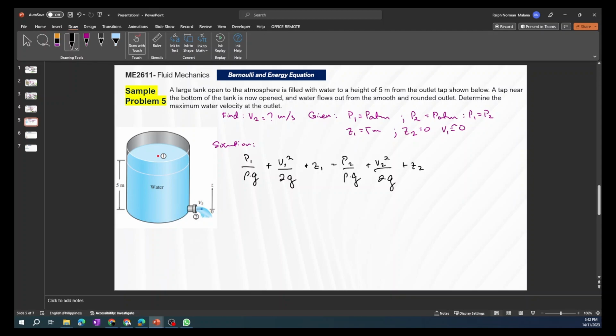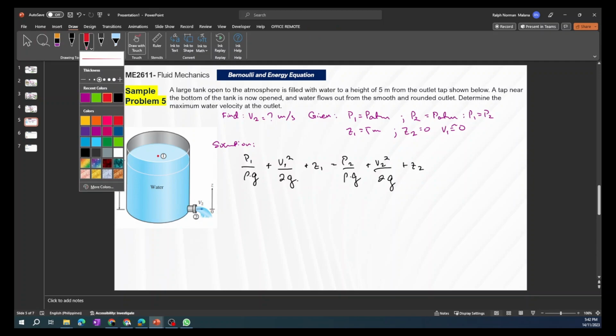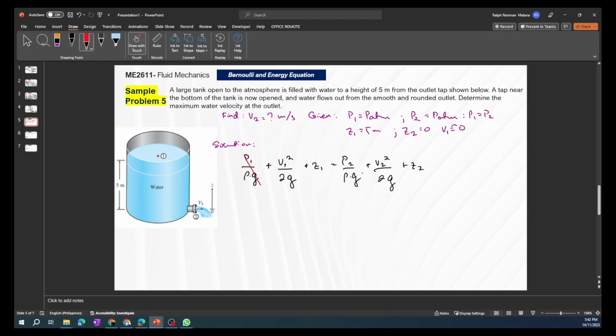Okay. So several things will cancel out right away. For one, since pressure 1 is exposed to atmospheric pressure and the outlet, pressure 2, is too, those are 0. V1 is practically 0 since it's a steady flow and drained slowly at the start.